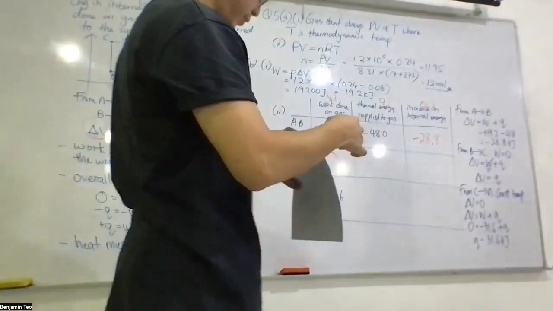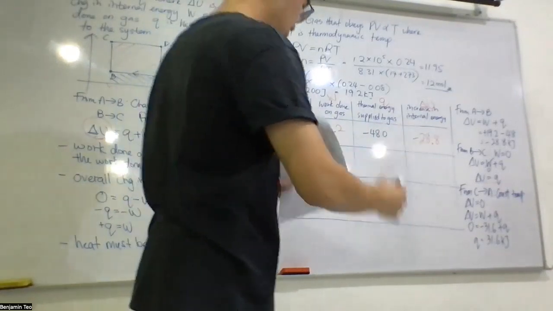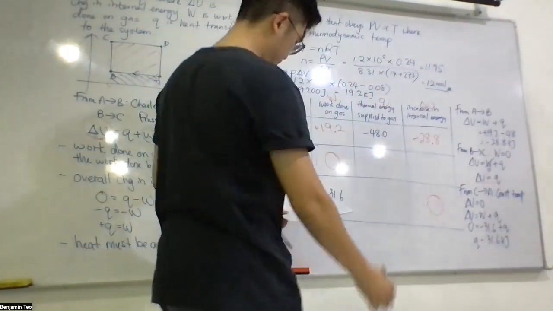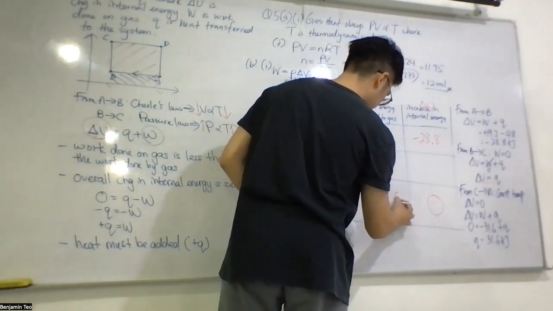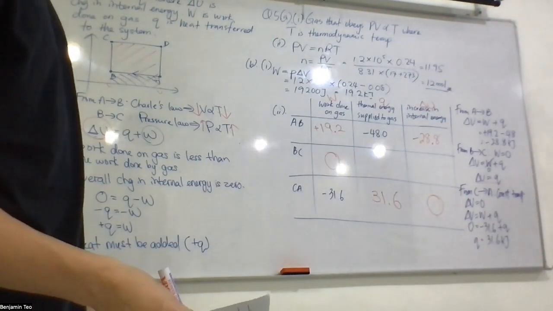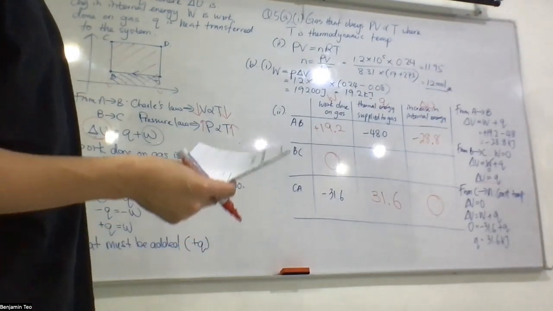Thirty-one point six. Okay, this is 0, and then this is 31.6. Now we are left with the last two. How much is the increase in internal energy of the BC?